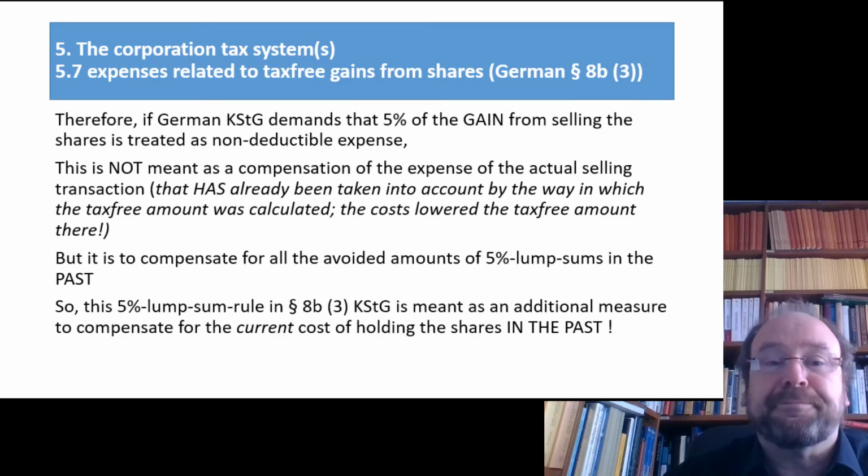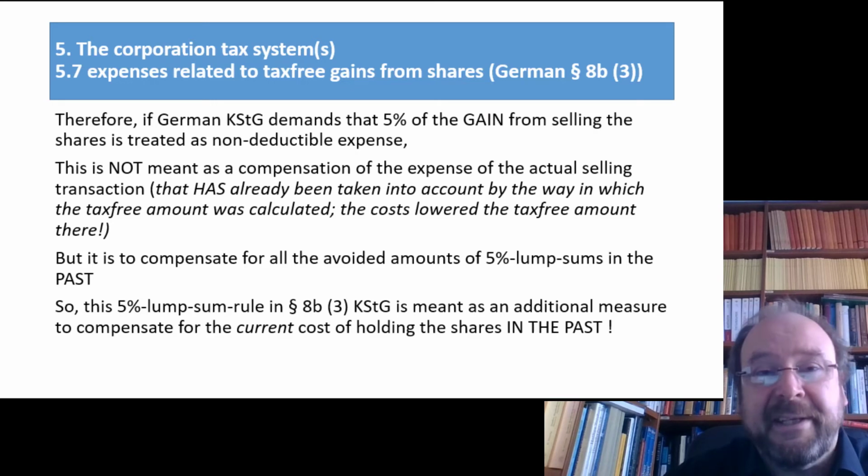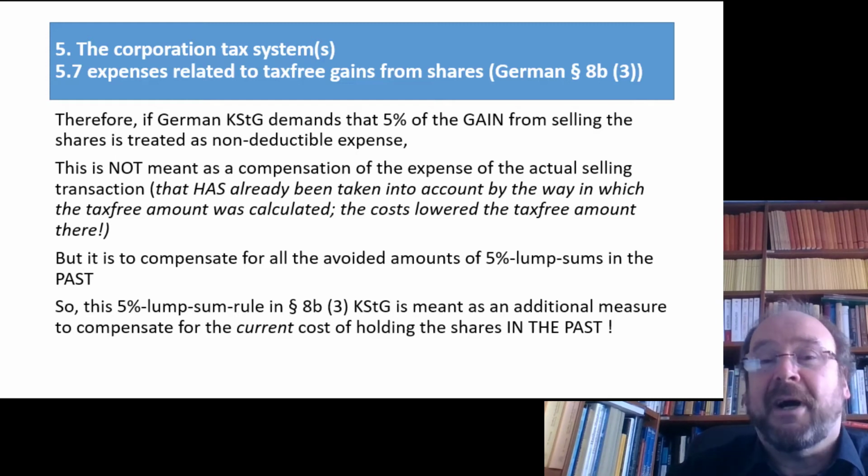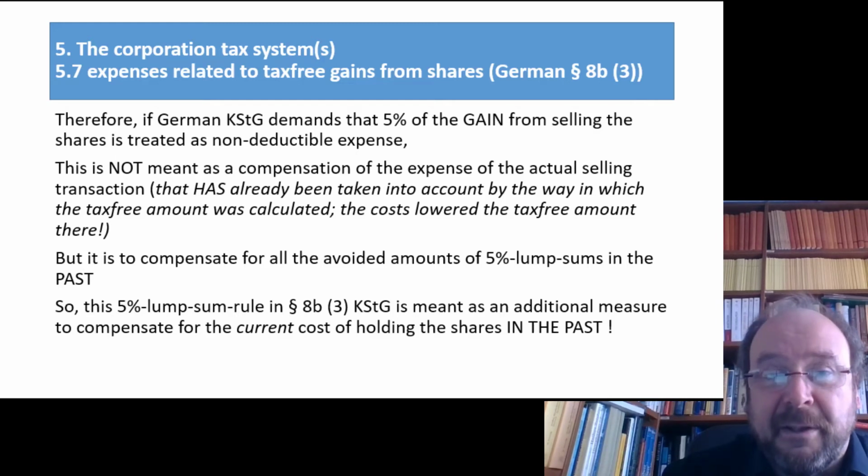By the way, that 5% rule here in 8b3 was, as far as I try to remember, not present in the first draft of the law. So that was a kind of an afterthought later when people found out, oh, these people in the industry are all complaining about the 5% lump sum expense, and they try to convince us that 5% is too high and 3% would be better, or 2%.